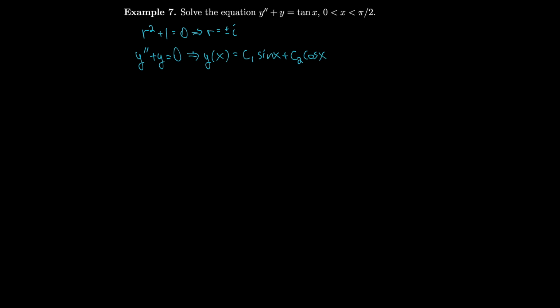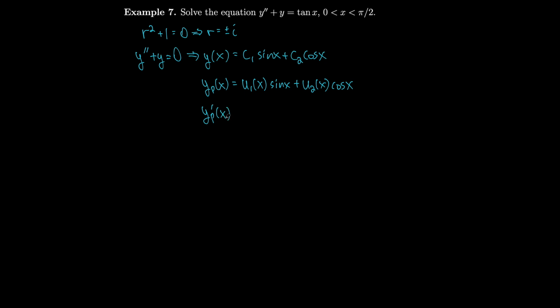So this means that we can get a particular solution using the variation of parameters by varying c1 to become a function of x, u1 of x, and varying c2 to become another function of x, u2 of x. And then we will take our derivative of this particular solution so that we can see what our functions u1 and u2 should be.